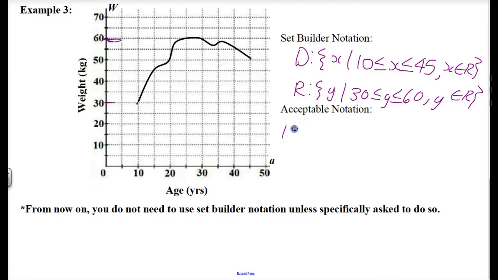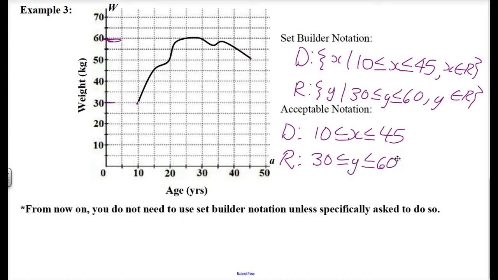And acceptably, domain 10 less than or equal to x less than or equal to 45, and the range 30 less than or equal to y less than or equal to 60. From now on, you do not need to use the set builder notation unless specifically asked to do so. In other words, we'll take sort of the abbreviated version.